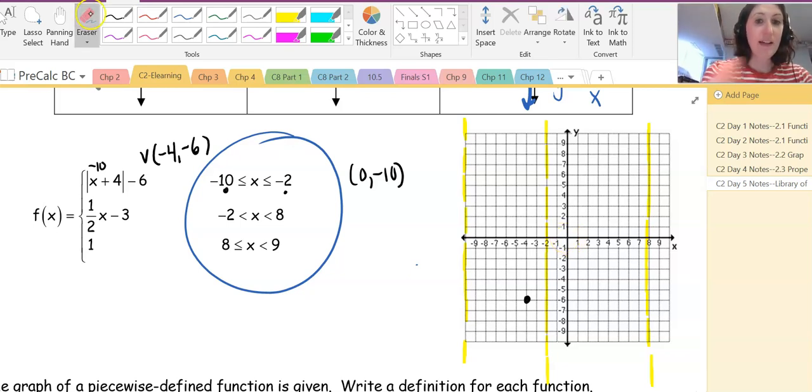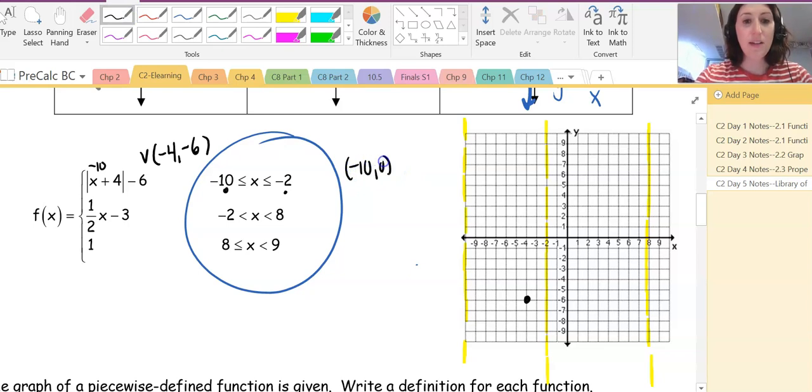Excuse me, -10, 0. My mistake. I was like, that's not right. So that would be here. And notice I'm putting a closed dot because I have this equal to. Then I'm also going to plug in a -2. -2 plus 4 is 2. Absolute value of 2 is still 2. 2 minus 6 is -4.